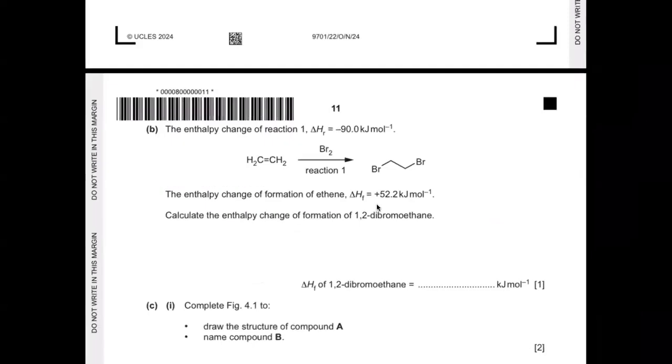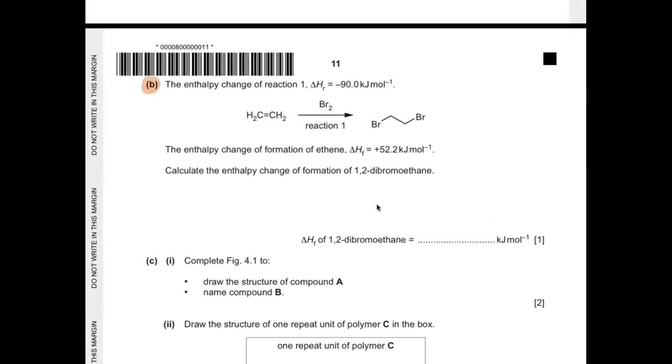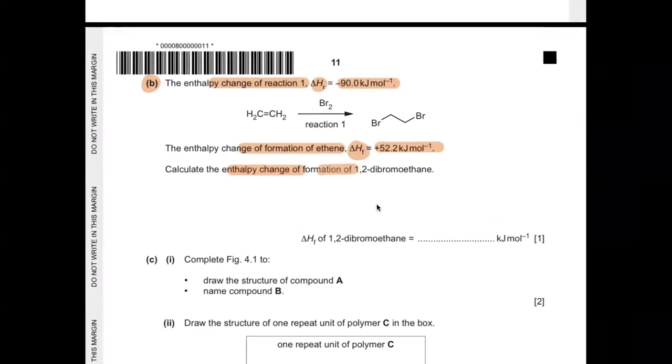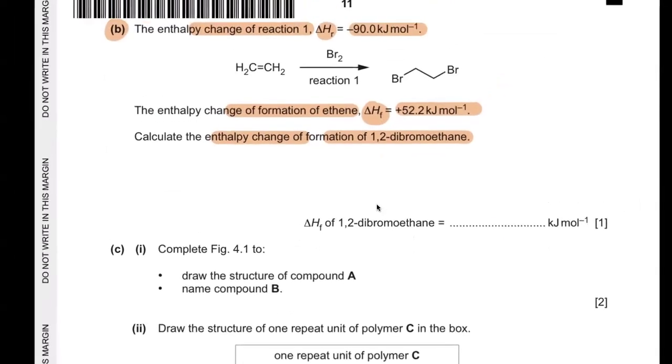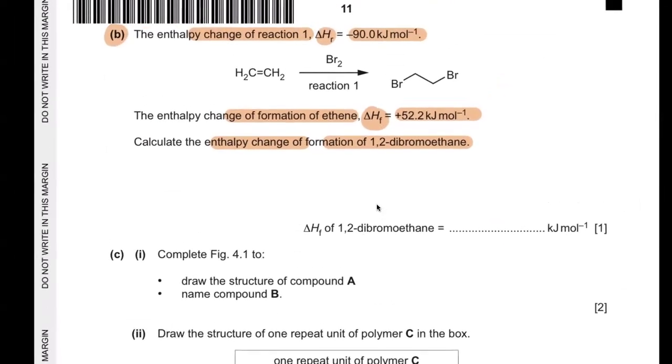Okay. Now, part B. The enthalpy change for reaction 1, delta H, is minus 90 kilojoules per mole. The enthalpy change for the formation of ethene is positive 52.2 kilojoules per mole. Calculate the enthalpy change for the formation of 1,2-dibromoethane. So if you see, the enthalpy change for this reaction is minus 90 kilojoules per mole.